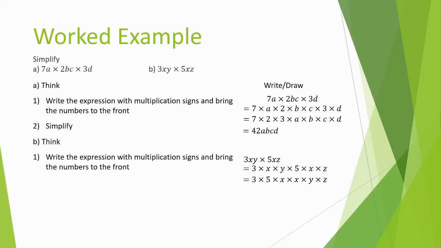Now, if you remember back, anything times itself is a squared number. So when we simplify this, we get 3 times 5 is 15. And then x times x becomes x squared. And then y and then z at the end. And remember, it is all multiplied there, but we are being efficient by not writing those multiplication symbols.